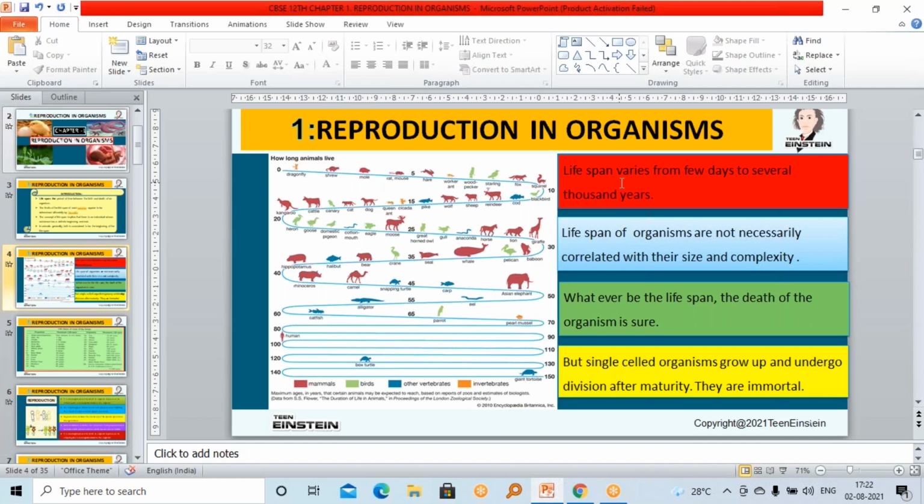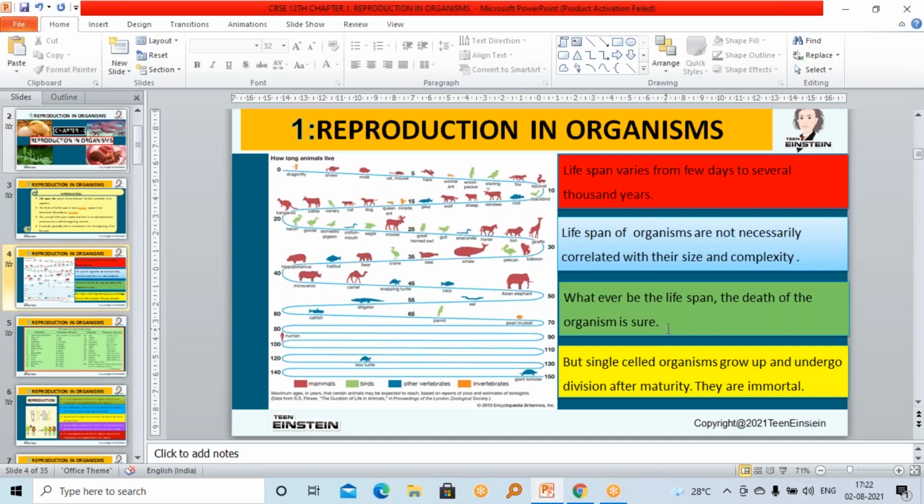So there is no proper death in individual cells. So we can say single-celled organisms are immortal. There is no end point in the case of single-celled organisms. We can't say that organism has died because there is no death. It is forming two daughter cells and continuing the life.